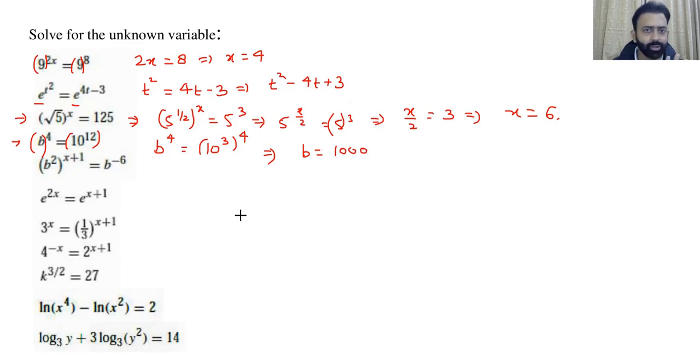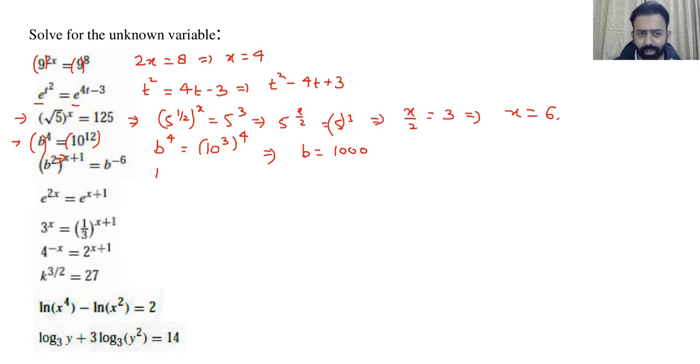Okay, applying the same logic, in the next part both the bases involve the variable, but again the bases are not the same, right? But we can see that the variable is b, so I have to write the left hand side this time as b raised to power something, right? Because on the right hand side it is b raised to power minus 6. So we will multiply this 2 with x plus 1.